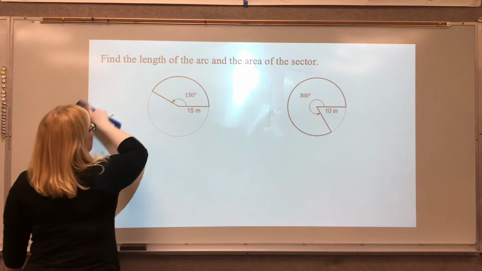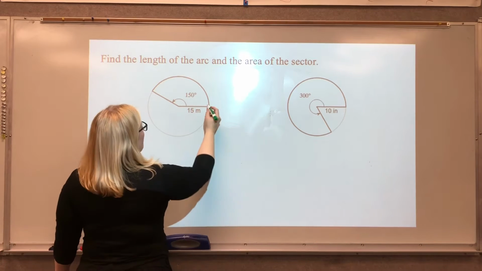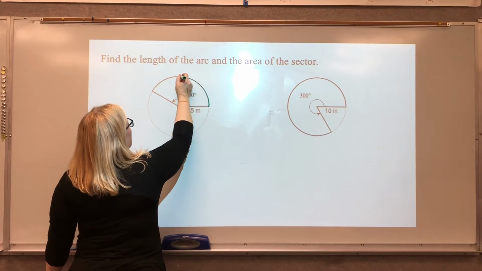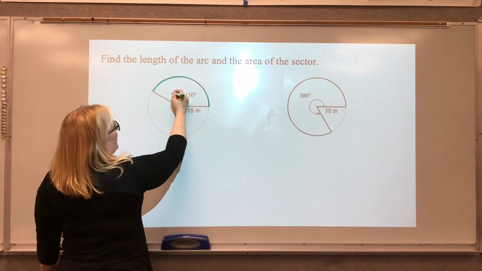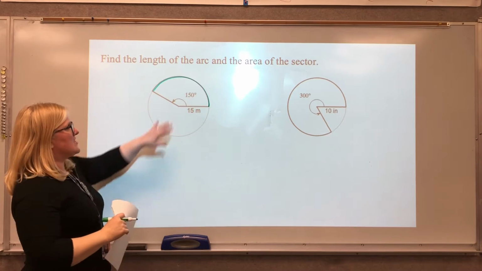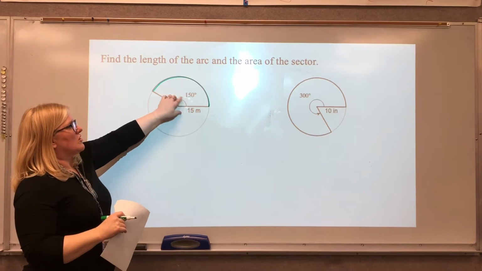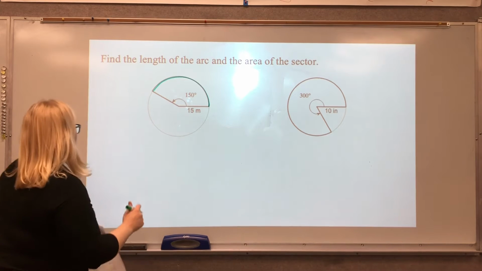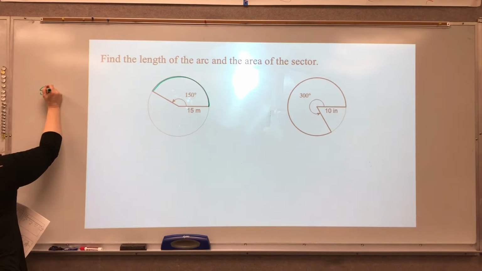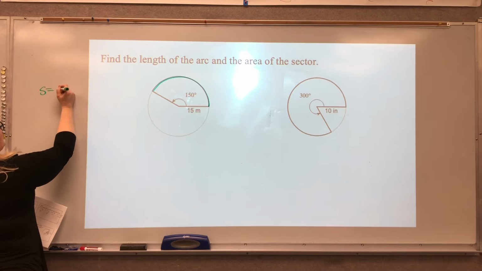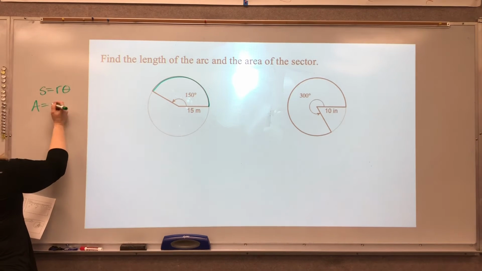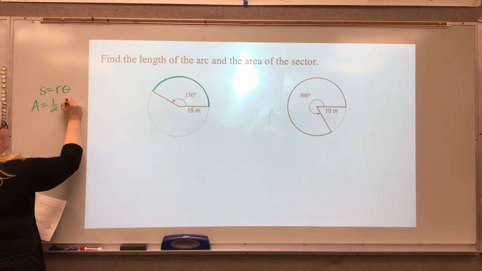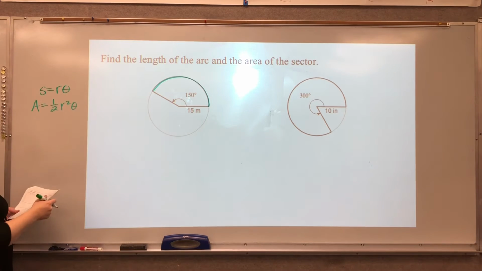Right here, we want to find the arc length and also the area of this portion of the circle. My arc length is S equals R times theta, and my area is 1/2 R squared theta.